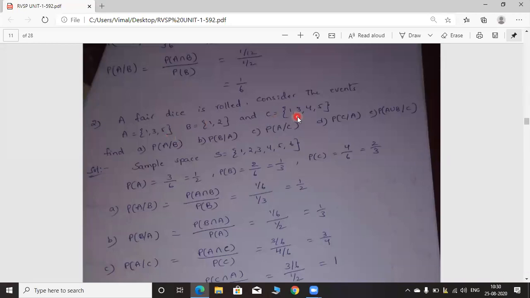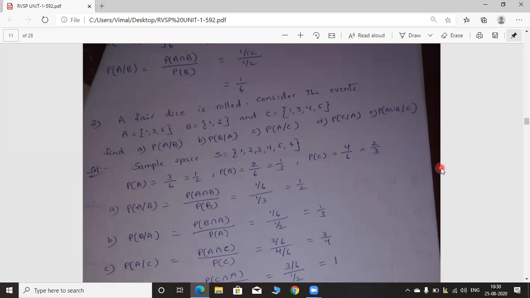So how many common elements do we have? 3 common elements. 1, 3, 5 are the common elements. In C we have the element 4, which is not present in A. So we have only 3 common elements. You have to write 3 by 6 in the numerator because we have 6 possible outcomes for this random experiment.